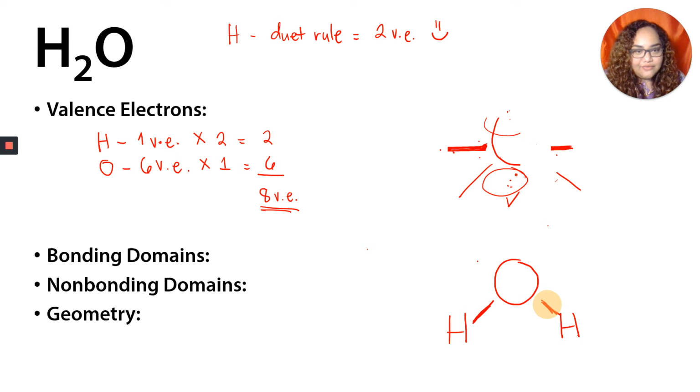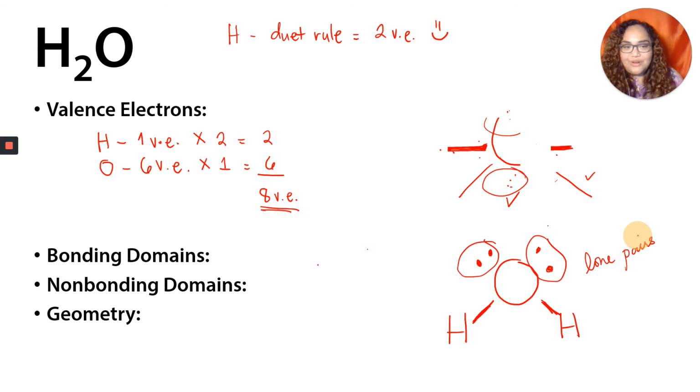And then you have 2 pairs of electrons that do not bond. So you would call these lone pairs, okay? Lone pairs of electrons, and each pair is a non-bonding domain.